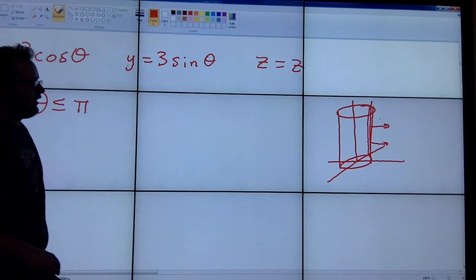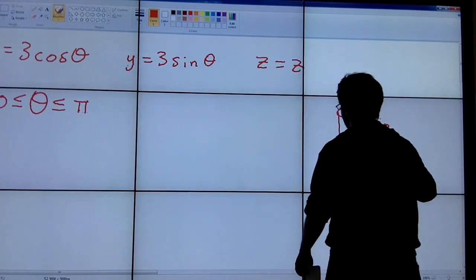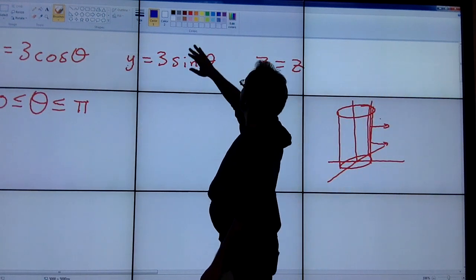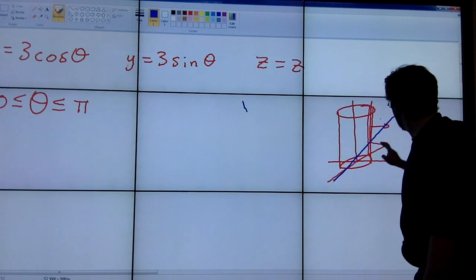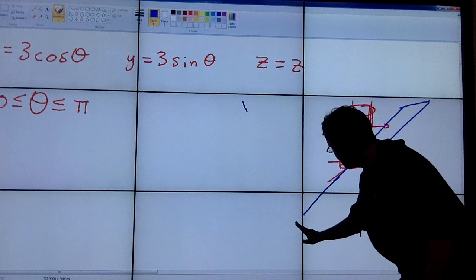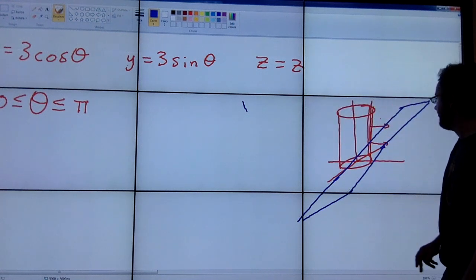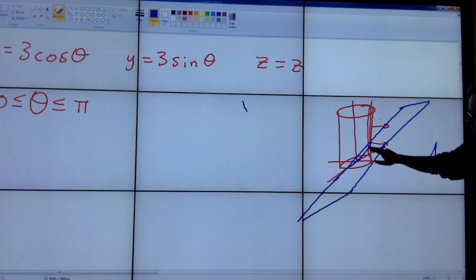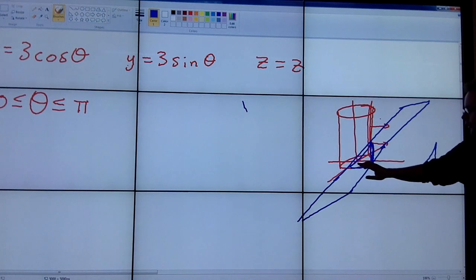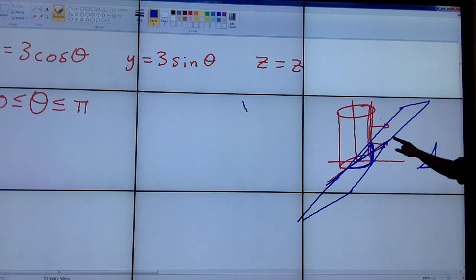Because remember, this is cut by a plane, y equals z, which looks like this. It's hard to draw. Anyway, we're getting this surface right here. Notice where this sits relative to the line y equals 0.